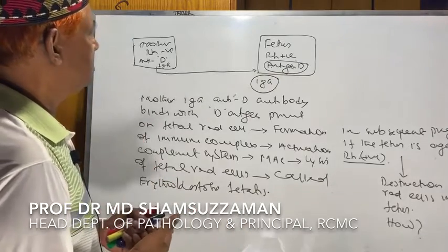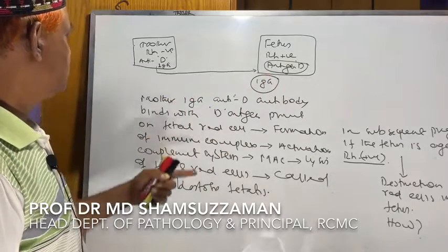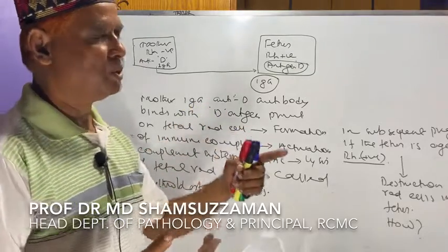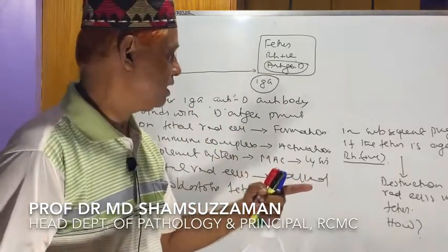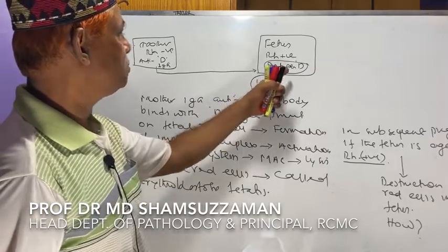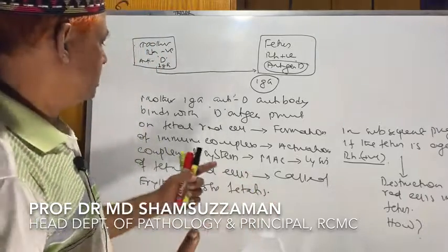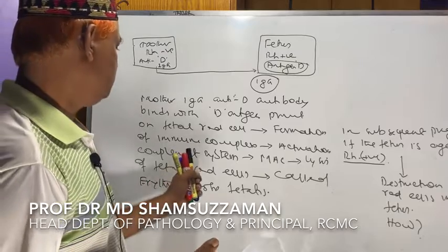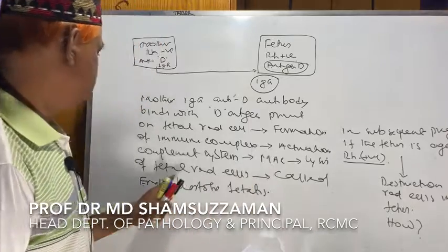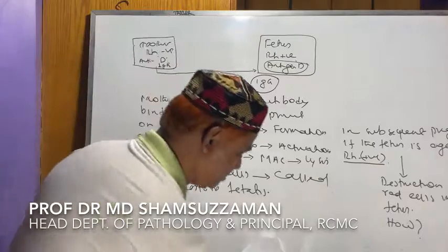In the subsequent pregnancy, if the fetus is again Rh positive, IgG antibody from the mother's blood crosses the placental barrier and enters the fetus, and this anti-D antibody binds with the fetal antigen D present on the RBC, and there is formation of immune complex, activation of the complement system, formation of MAC, membrane attack complex, lysis of fetal red cells, and this is nothing but erythroblastosis fetalis.